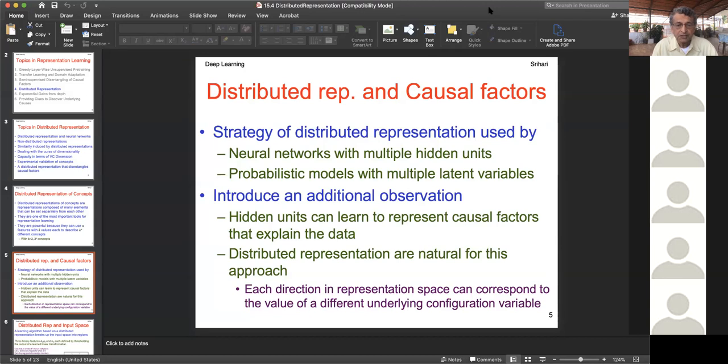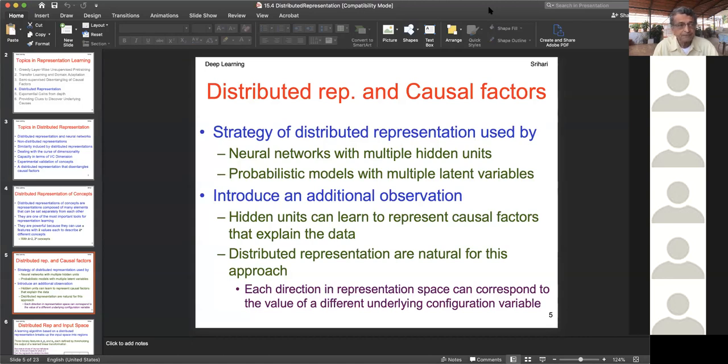So that is known. And we introduce an additional observation that hidden units can learn to represent causal factors that explain the data. So the hidden units contain the factors that explain the data. And distributed representations are natural for this approach, since each direction in representation space can correspond to the value of a different underlying configuration variable.